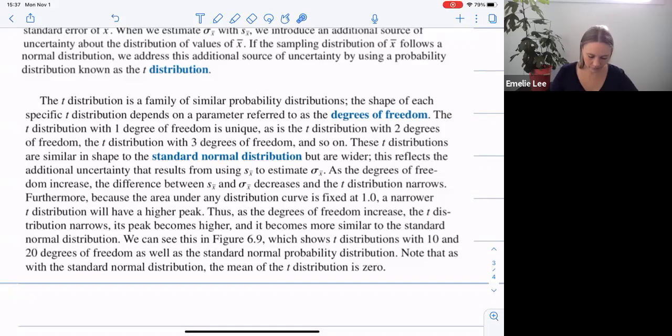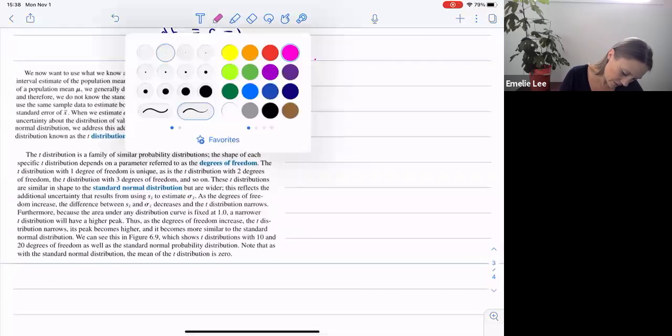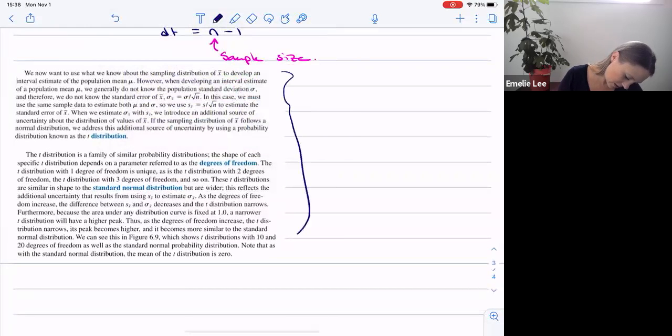And here it just talks more about that t-distribution if you want a little bit of a different take, but it's saying the same thing that we just saw. This was already discussed above, but nice to have.